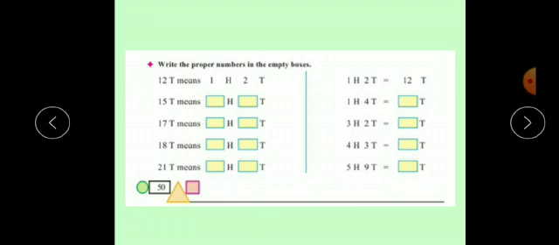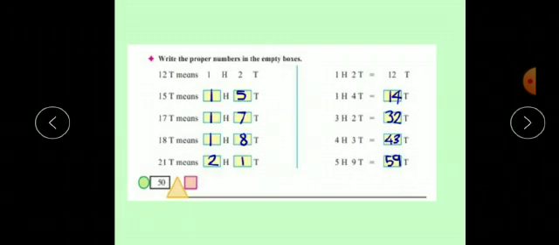Like this 18T means 1H 8T, and 21T means 2H 1T. 21T means 20T plus 1T. Now 20T means 2H and 1T.